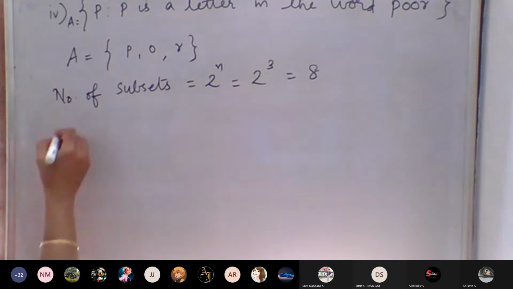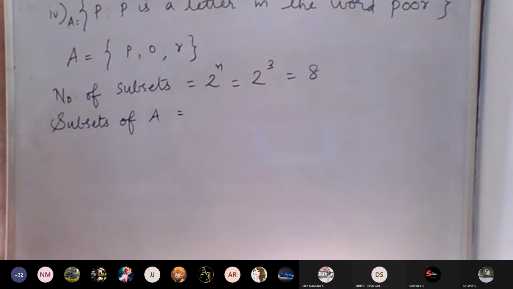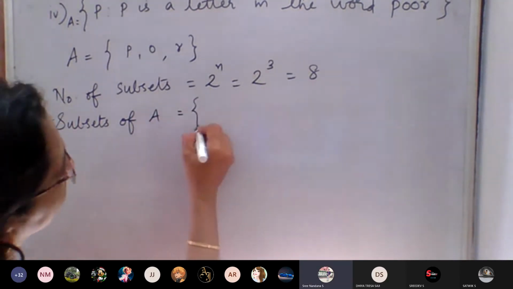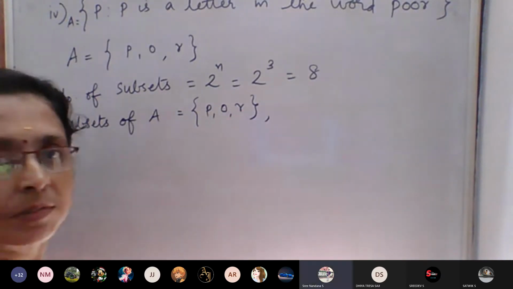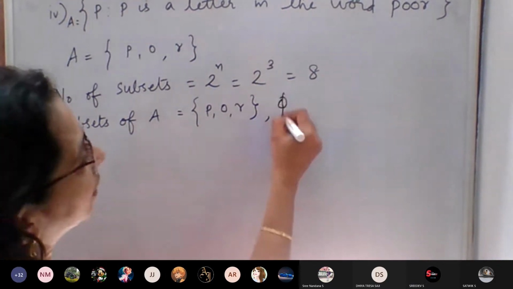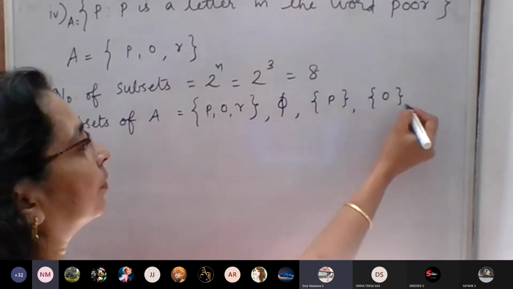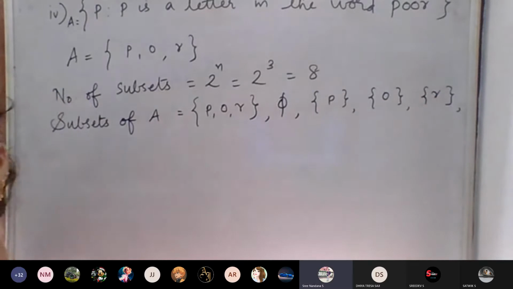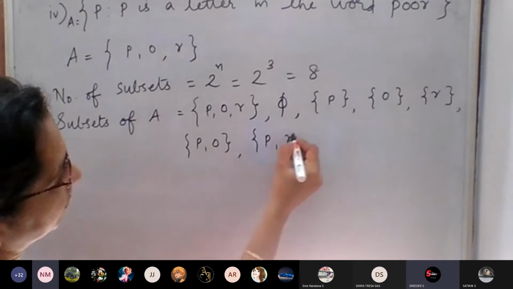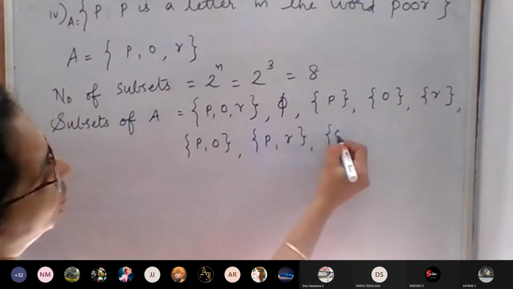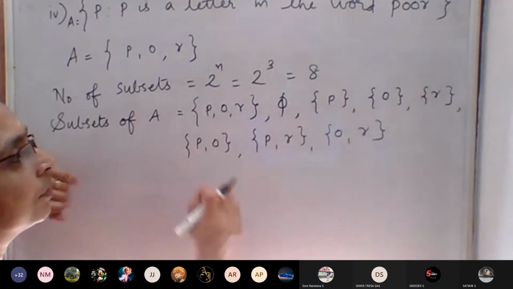Then subsets of A are: the null set, set P, set O, set R, set P O, set P R, set O R, and set P O R. Completed: 1, 2, 3, 4, 5, 6, 7, 8. Okay.